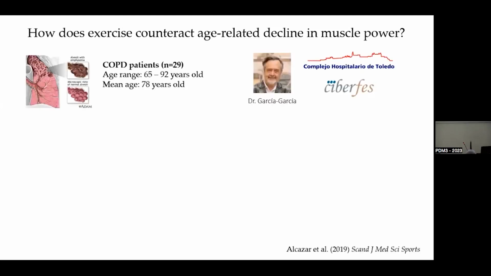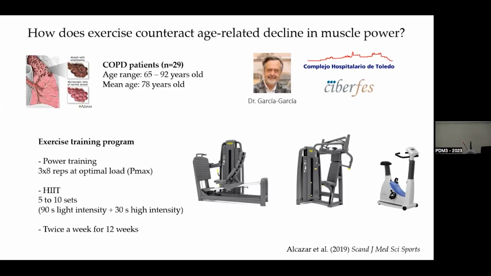In this case, we conducted an exercise study in COPD patients, which is a pulmonary disease, but that also very severely affects muscles, right? In a hospital in Toledo. The exercise program consisted of 2 exercises, like leg press and chest press.